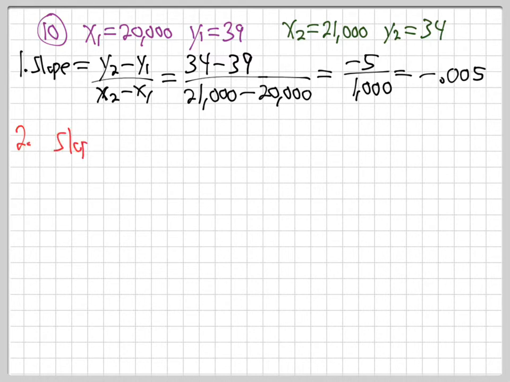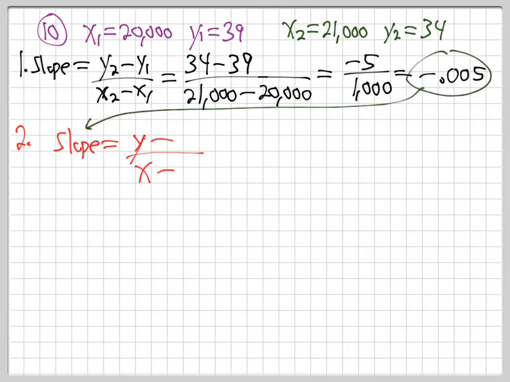We write the point-slope form again. This time we put the blanks in the back, don't we? And we plug in the slope we just found, the negative 0.005, and plug in the numbers in the back of y and x.